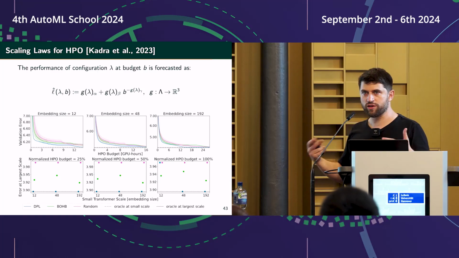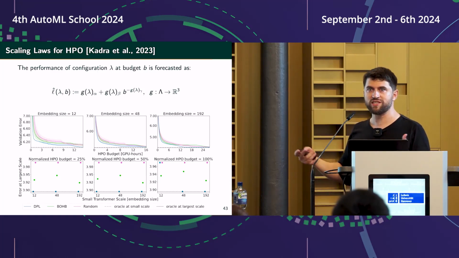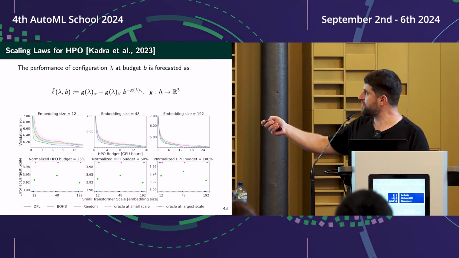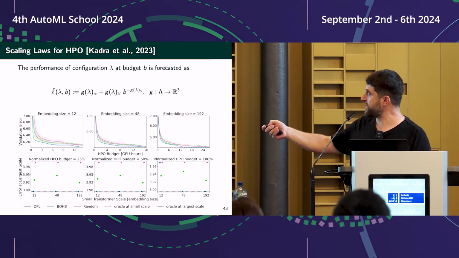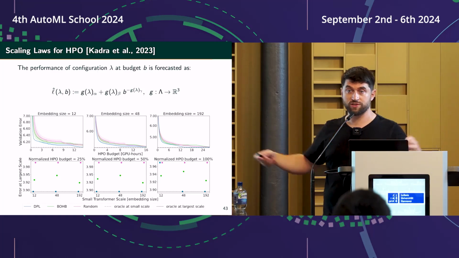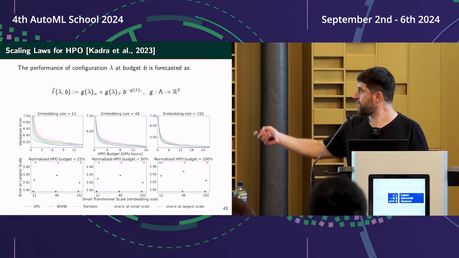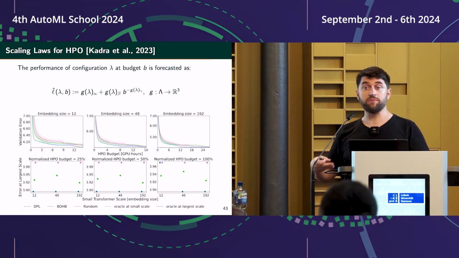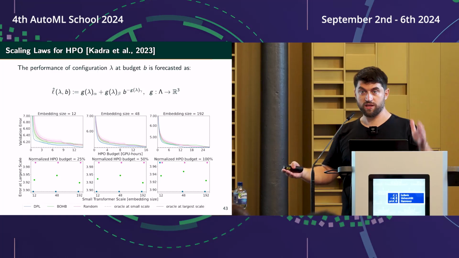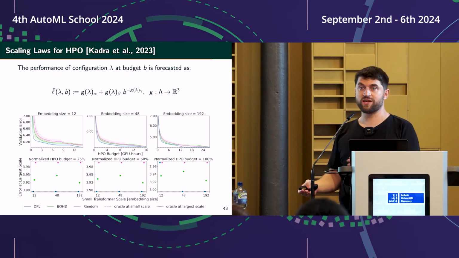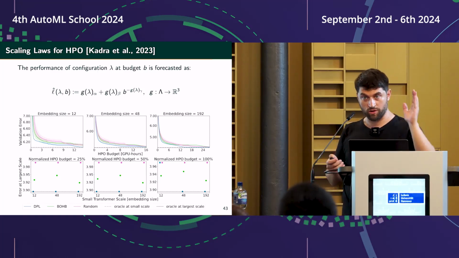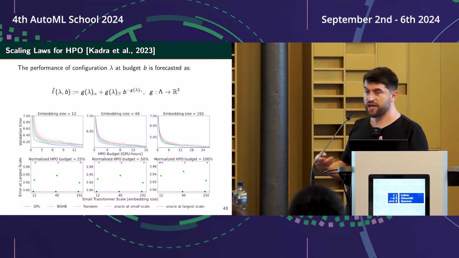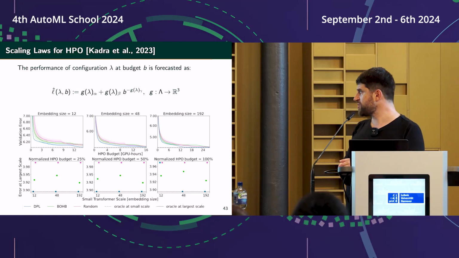And in order to learn a performance predictor that uses scaling laws for a given hyperparameter configuration, the authors of this work train a hypernetwork that generates those three coefficients of a simple scaling law function across budgets B. And that itself can be a performance predictor that now has a strong assumption, a strong bias on how learning curves look like, in order to implant our knowledge about typical shapes. And that works to a certain degree well.